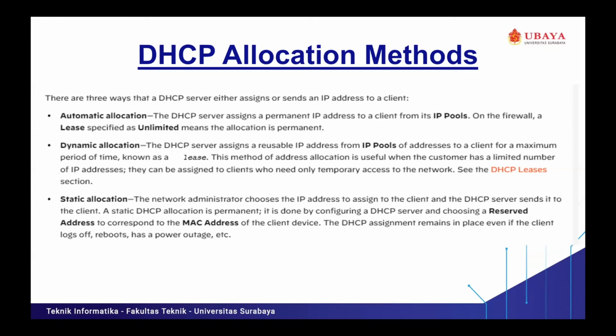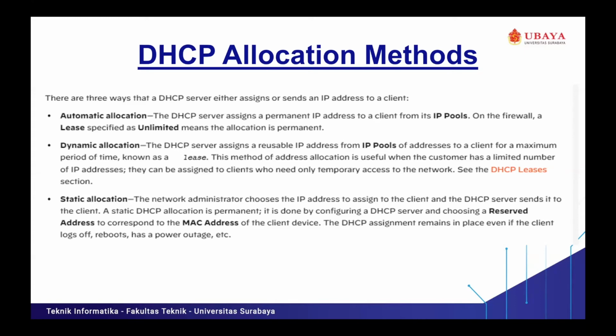For example, one client will only get the IP for 30 minutes. After 30 minutes, the router will give that IP to another client, right? So it's temporary access to the network. This happens if we have a limited number of IP addresses, but we have a lot of clients that want to connect to our server, right?